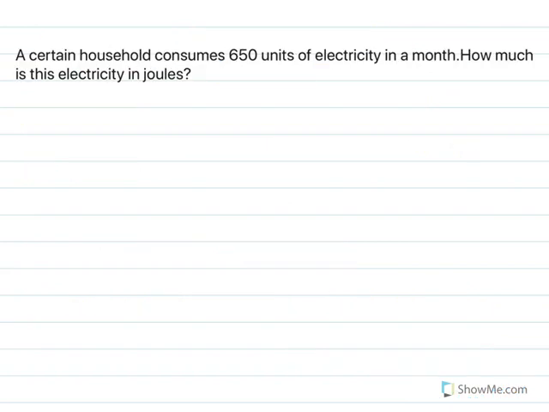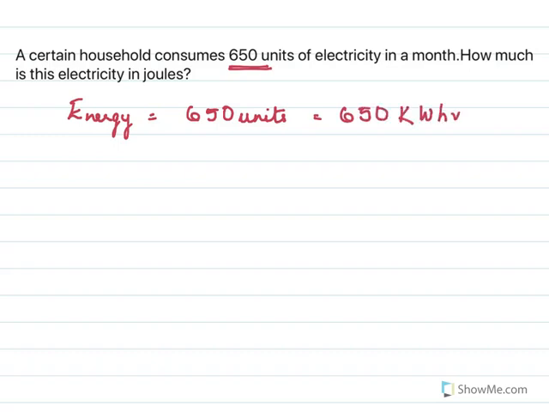A certain household consumes 650 units of electricity. So energy consumed is 650 units. 650 units means 650 kilowatt hour in a month. How much electricity in joules?